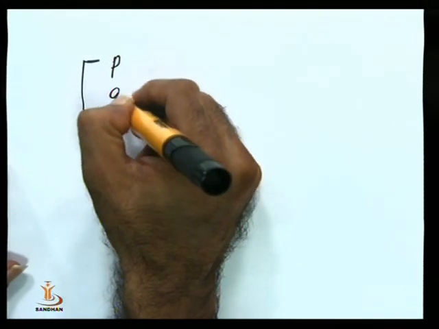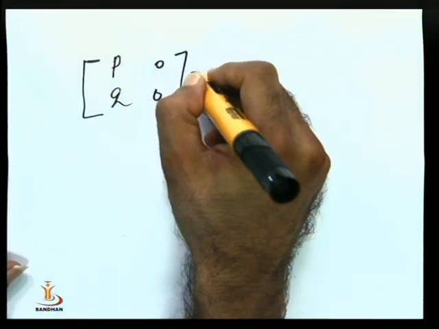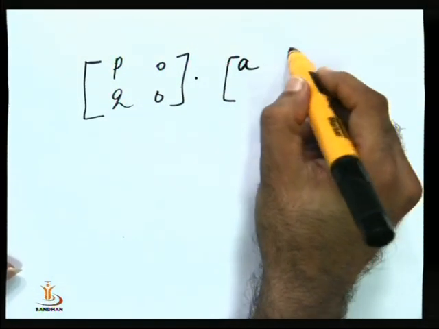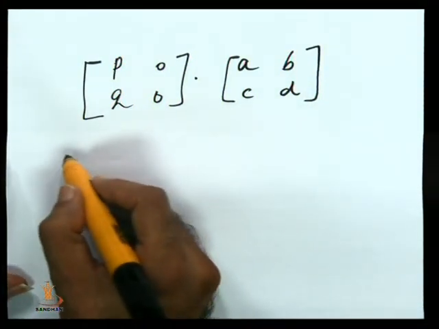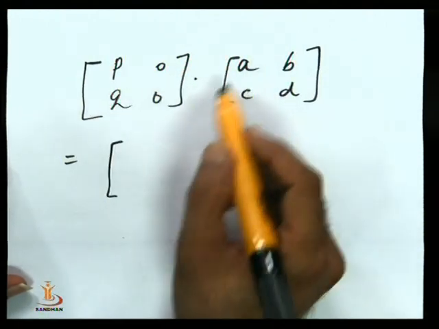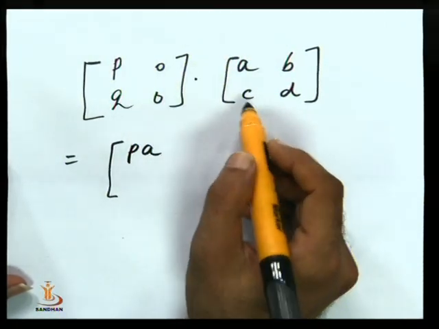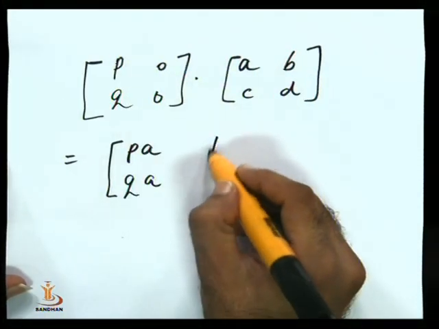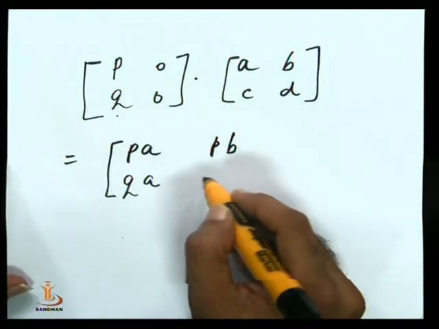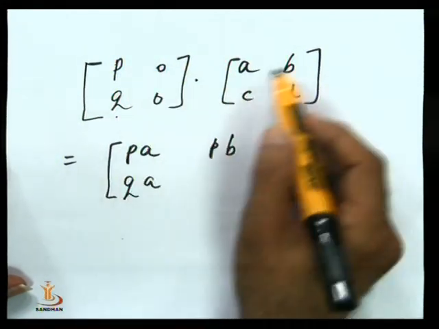So P, Q, 0, 0 into A, B, C, D. Okay, so the multiplication is PA plus 0, this is QA, this is PB, and this is QB.